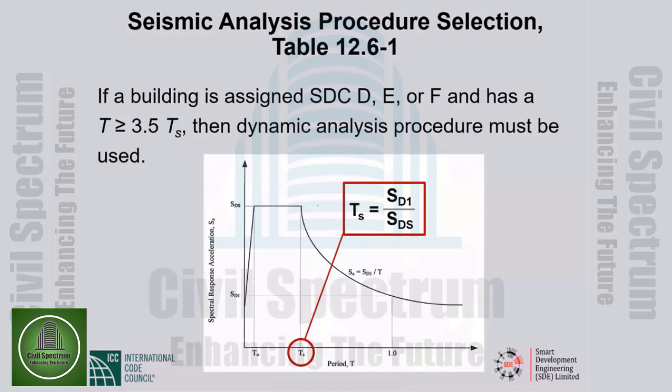So this I already went over. If a building seismic design category D and above has a period larger than or equal to 3.5 times T sub S, then dynamic analysis procedure must be used. In BNBC, it is T larger than or equal to 4 times T sub S or larger than or equal to 2 seconds, whichever is the smaller of the two.